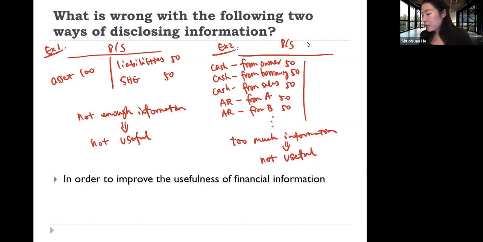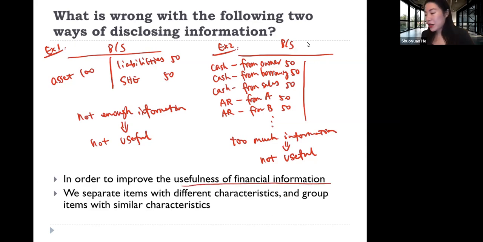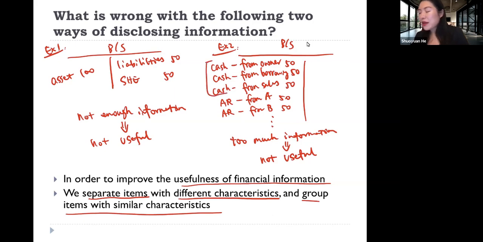So in order to improve the usefulness of financial information, what we do is we separate items with different characteristics and group items with similar characteristics. In other words, for those items with similar characteristics, for example, they are all cash, we group them together. We just report 150.